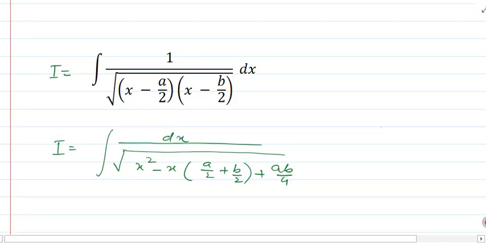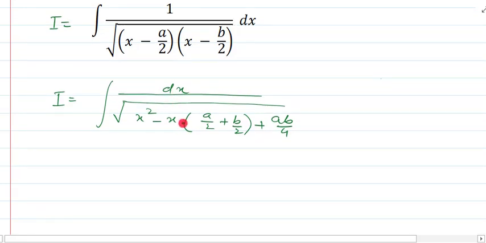Now the next is, as we know, to apply the completing the square method, we need to add and subtract the square of half of the coefficient of x. So let us apply the same.